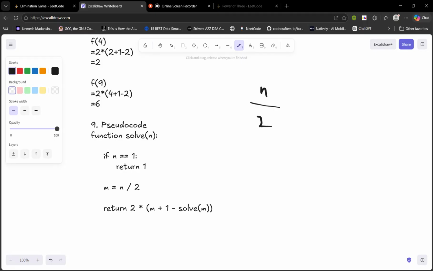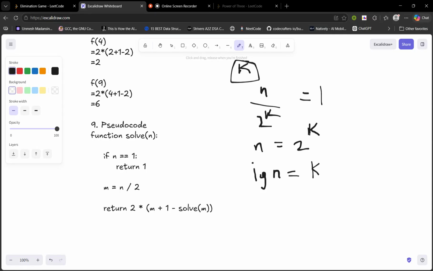So n by 2 raised to k should be 1, if k is equal to the number of operations. So n is equal to 2 raised to k, taking log on both sides, log n will be equal to k, and this is our time complexity, log n.